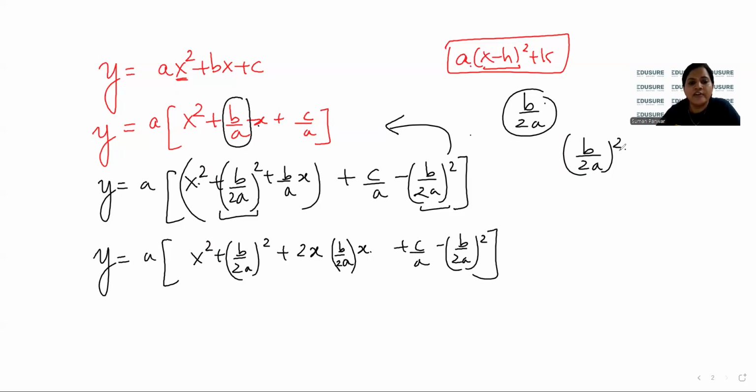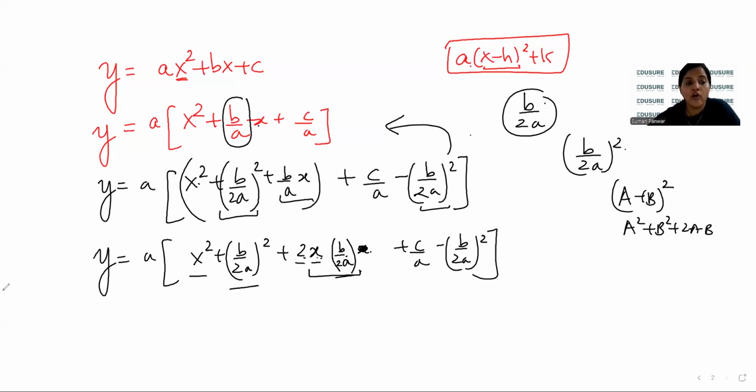So this thing I have written like this, so that we get something like 2ab. So 2 times x times b by 2a. So we have this formula in mind, square of a binomial: a square plus b square plus 2ab. So that has happened over here.